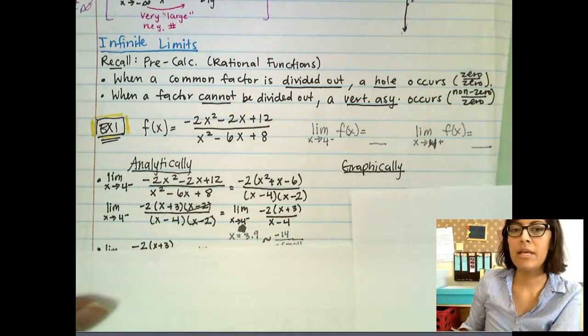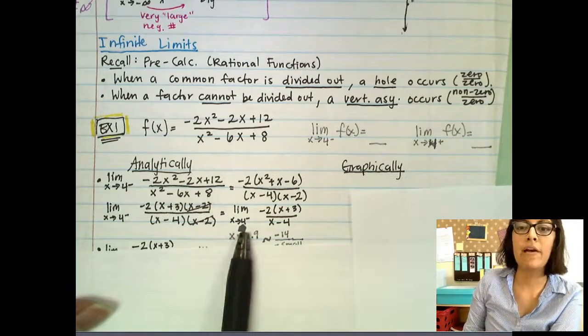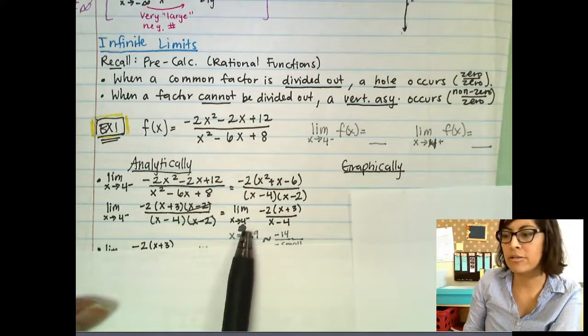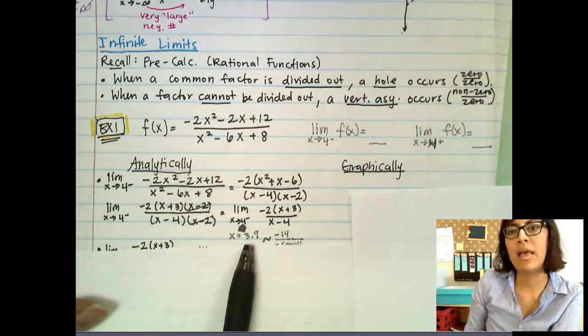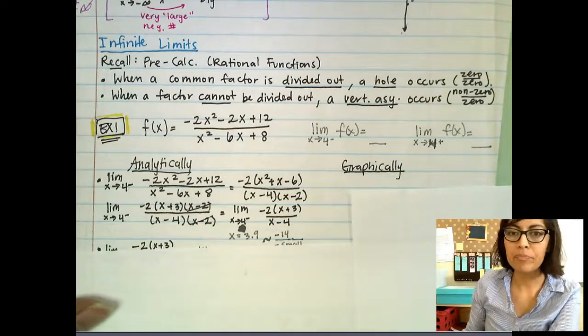This tells us that we're looking at numbers that are slightly smaller than 4, so we could say about 3.9.